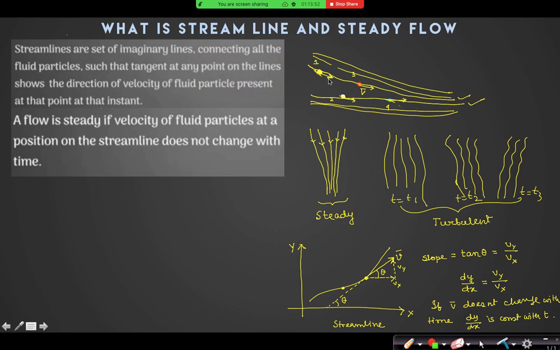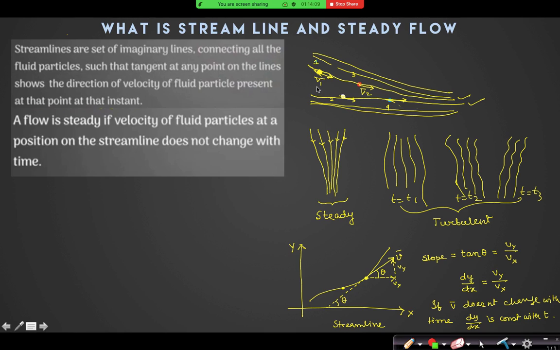Because if it is v2 here, you cannot say this velocity is also v1. This velocity has to be v1. These are different. Can you see that? The velocity at a point is position dependent.